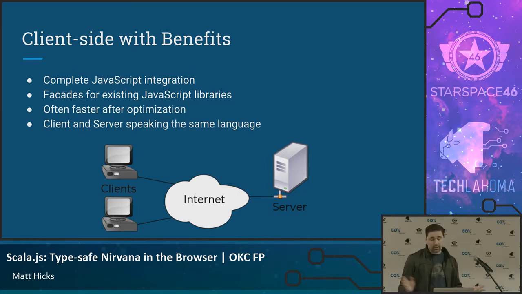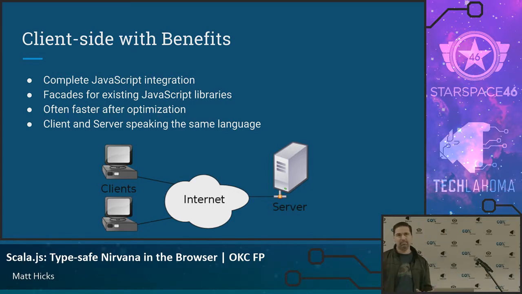And another great benefit of Scala.js is whenever it compiles down, in performance comparisons very often the compiled Scala.js code is actually faster than what you might write just by hand in JavaScript, which is pretty awesome when you think about it. It's because they do a lot of optimizations that you wouldn't otherwise do.